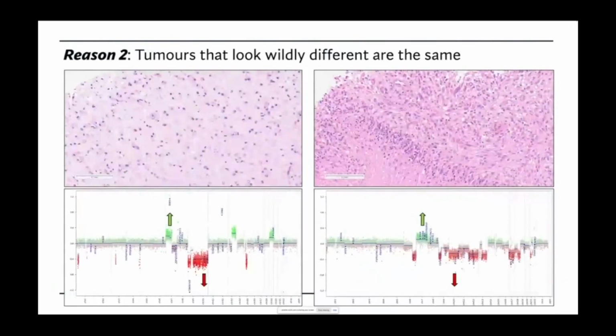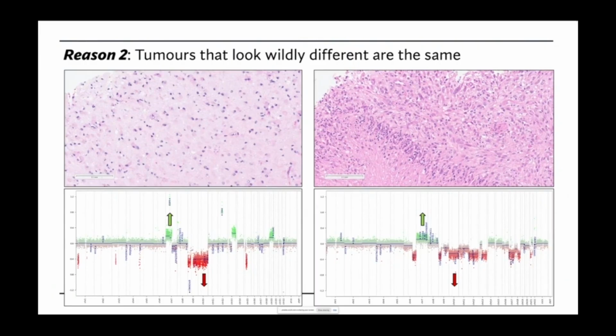Now, this is another reason that we have to look at tumours quite carefully to work out our classifications. Here we have sections through 2 tumours that look very, very different. I am not a histopathologist. It's not my area of expertise. I would not classify these tumours as being the same if I was looking at the images alone.